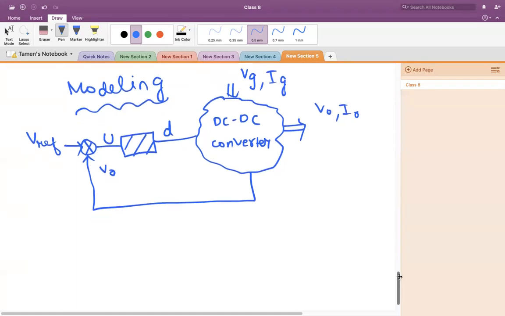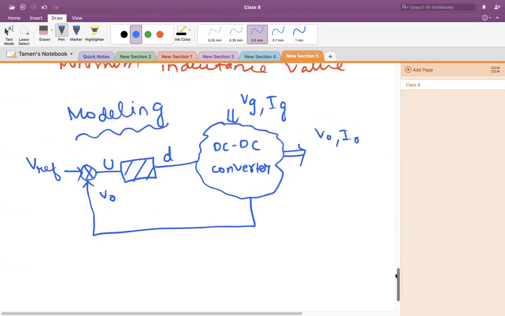What do you understand from this circuit? Any idea what is going on? It's like checking if everything is correct.